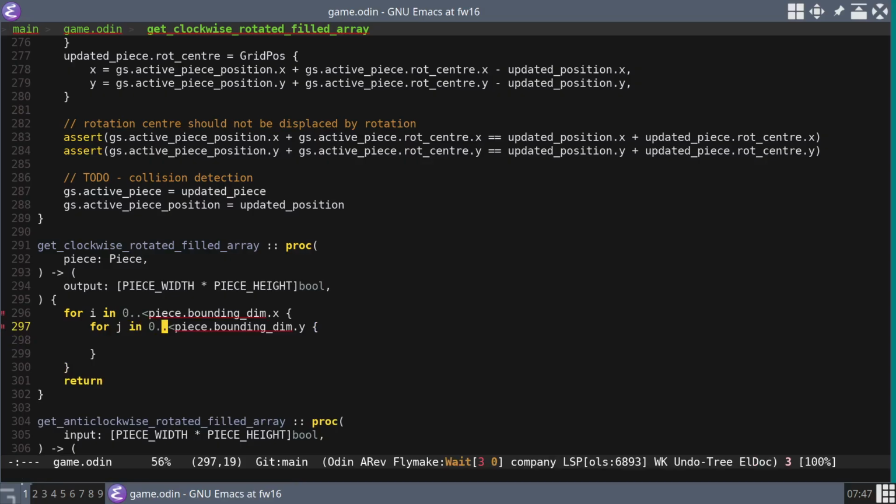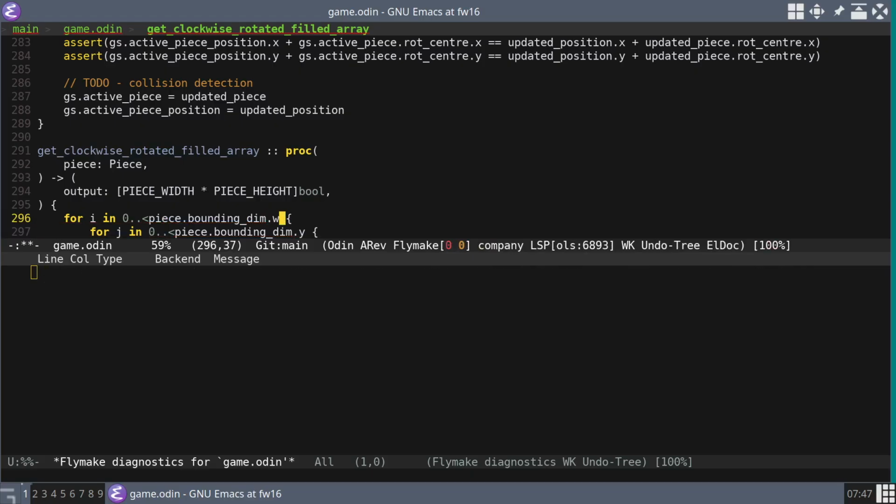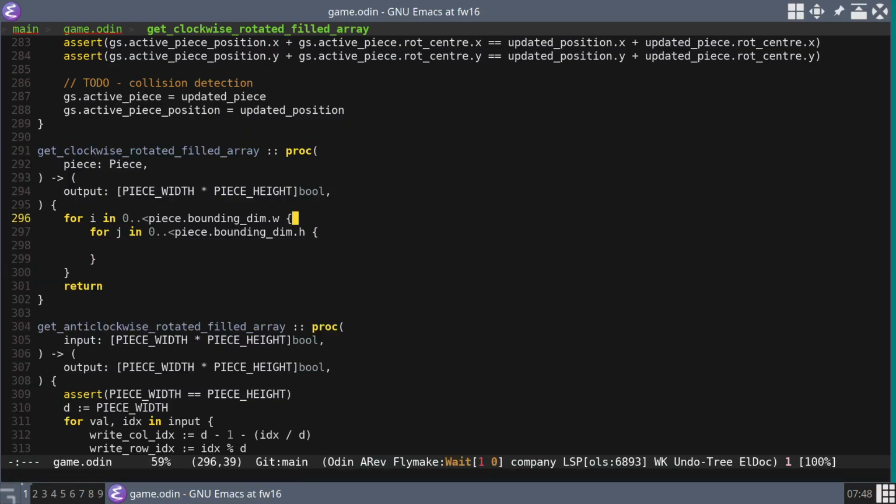Actually, that's not allowed. Cannot assign GS. Oh, okay, the other one's bad, because they're not X and Y, they're W and H, because they're dims, not positions. Right. Fix the other one afterwards, because it's going to have the same kind of issue.